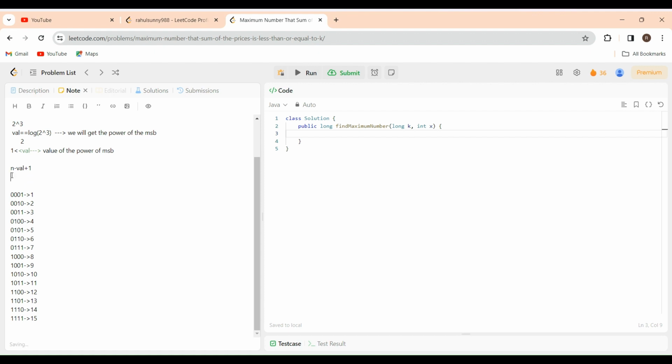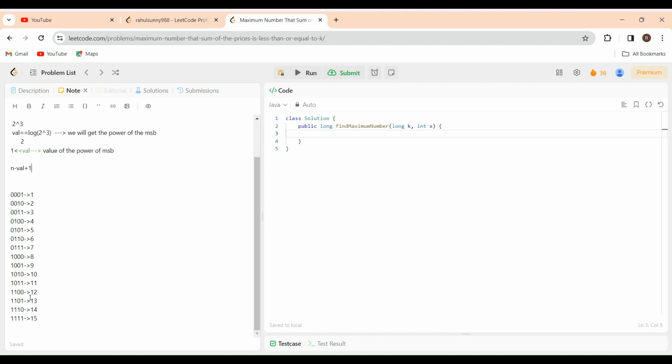With this formula, we can calculate the number of set bits in that index, right? Up to such number, we have to find this, and find this recursively here. For this index, we can find that these many set bits are there.